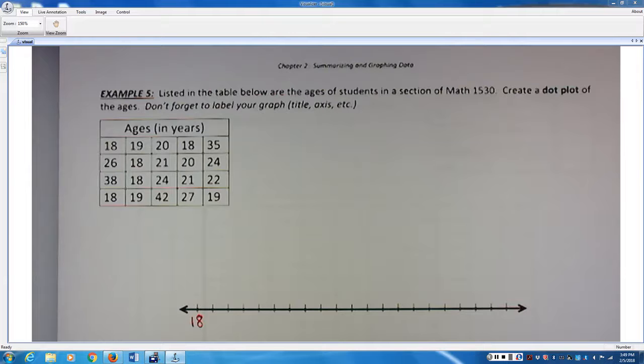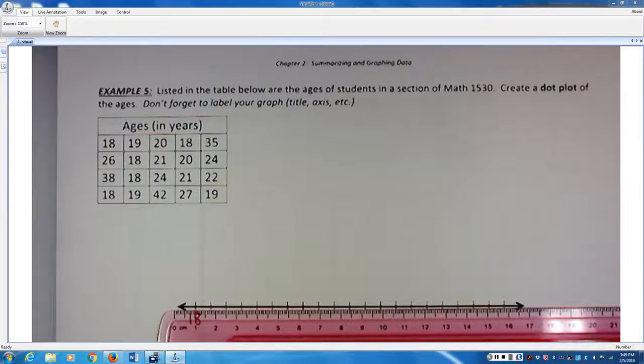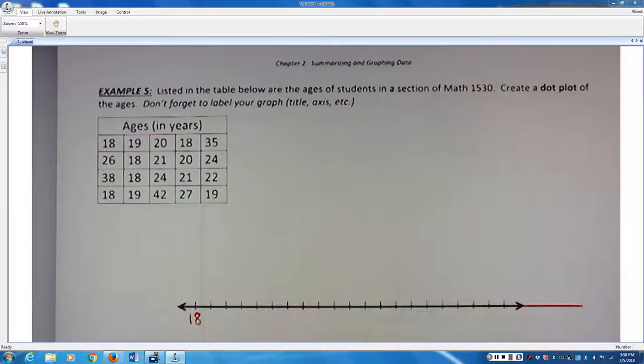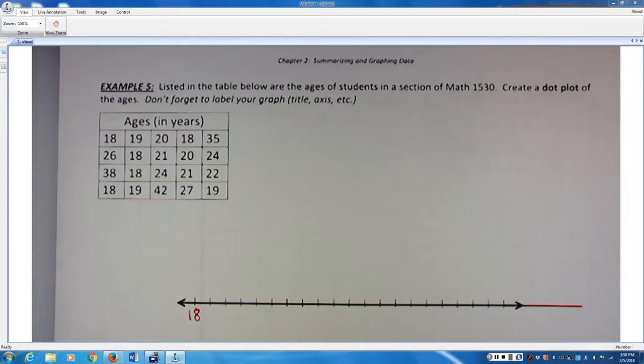Now, when this line was drawn, apparently somebody didn't anticipate too well, because if you draw this and you label these all by ones, this line's not long enough. Because if I start with 18, what I want to do with a dot plot is I want to label every single possible age.